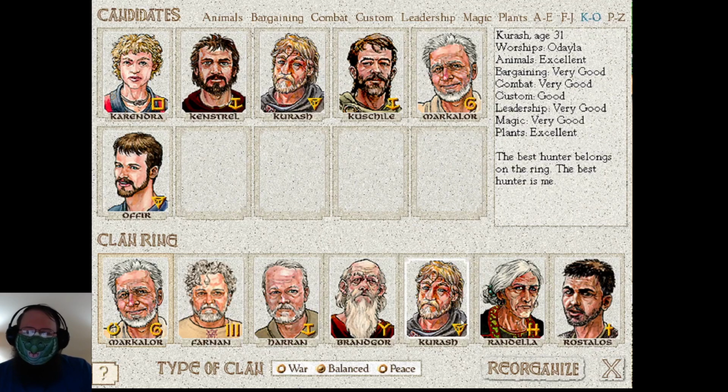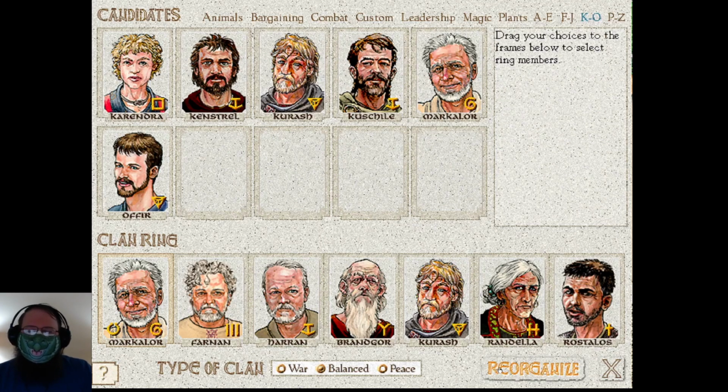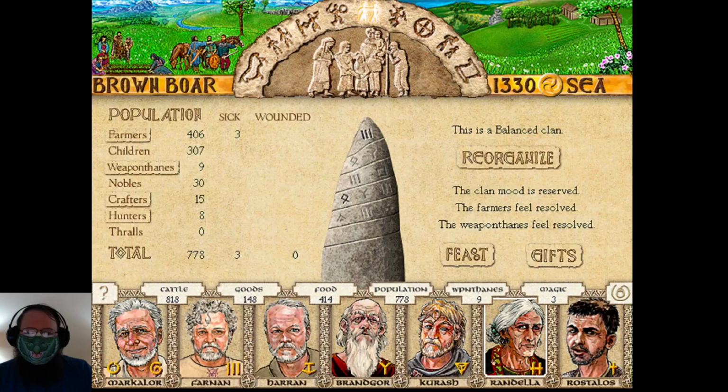No, we'll go with the... Once I learn the gods better, we just got a bunch of old people, and nothing I can do about that. It's the sea. Brown bear, or brown boar. I was saying bear, it's boar.